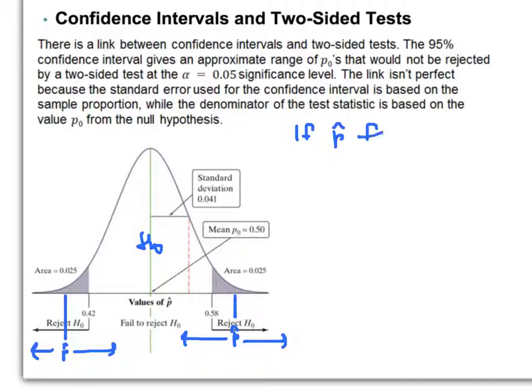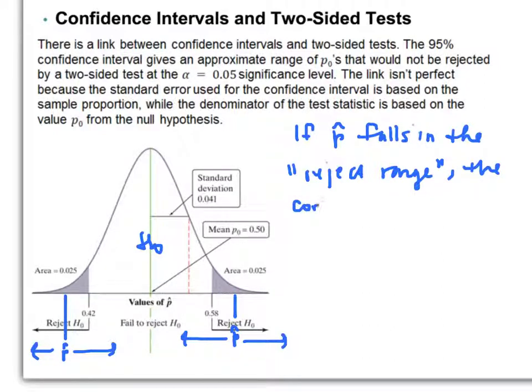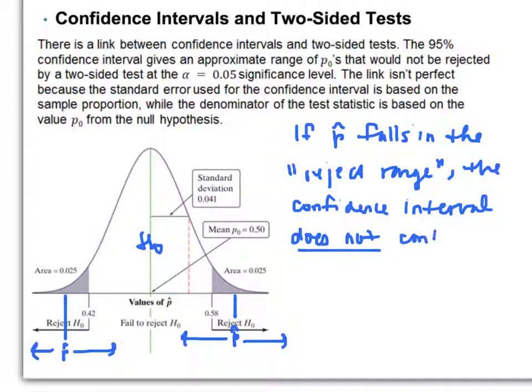If p hat falls in the reject range, the confidence interval does not contain the value p from your null hypothesis.